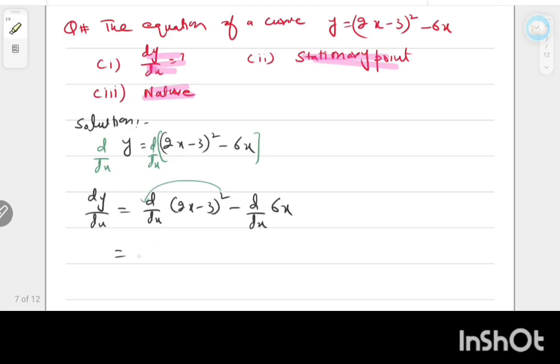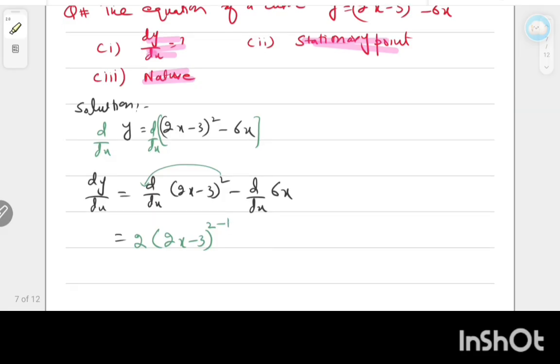Now the next step: the power 2 comes at the start, so it will be 2 times (2x minus 3), and 1 is subtracted from the power. Then we take the derivative of the term without the power, 2x minus 3.